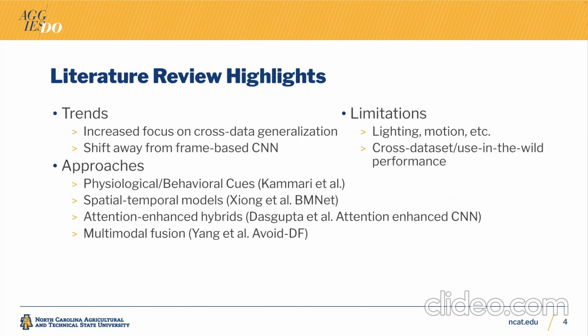There's been a shift away from simple frame-based CNN architectures to more physiological behavioral cues, like arm movements and blinking patterns, things that are harder for deepfakes to replicate consistently.